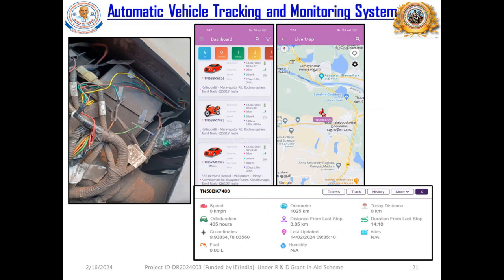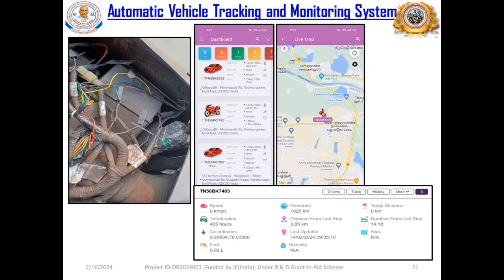In addition to our research objectives, we experimented with an automatic vehicle tracking and monitoring system. We experimented with this system on 5 vehicles, including 3 cars and two-wheelers, that means bike transport.